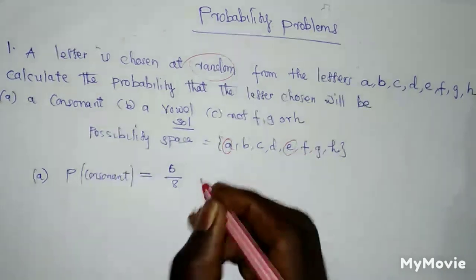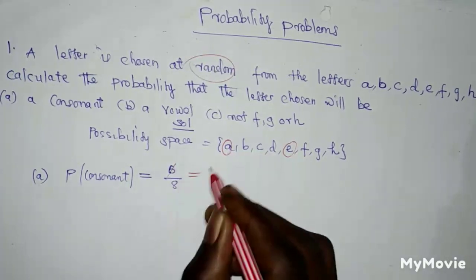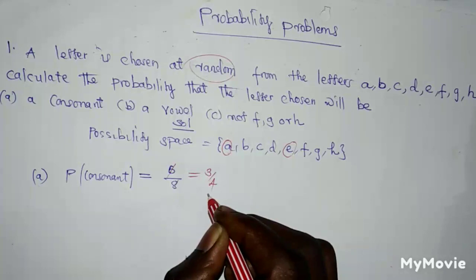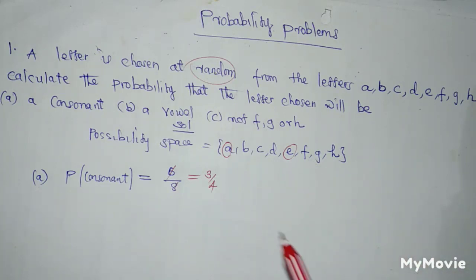If we reduce this, 2 into 6 is 3, 2 into 8 is 4. So this is the simplest way we can reduce this. We only have 2 vowels in our possibility space, the rest are consonants, so most of the possibility space is made up of consonants.